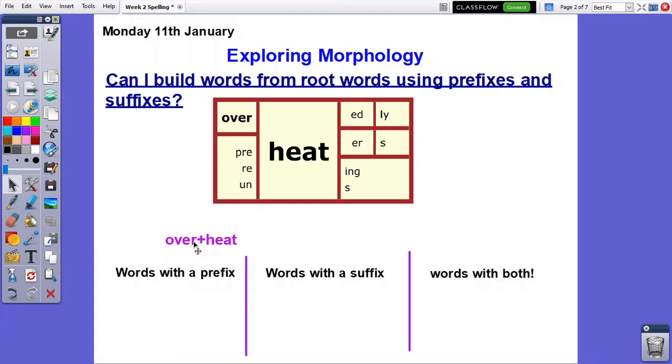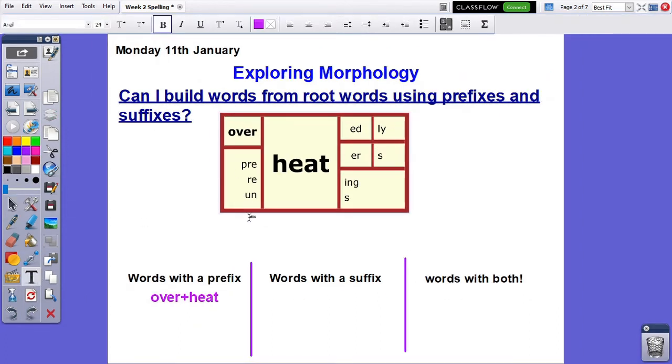If we put that there, that word is using a prefix, so I would put it in that section there. I might then think of a different word, and this time I might put it in this category, words with a suffix. So I might say heat, add ing. So like I have put the heating on today because it is cold.